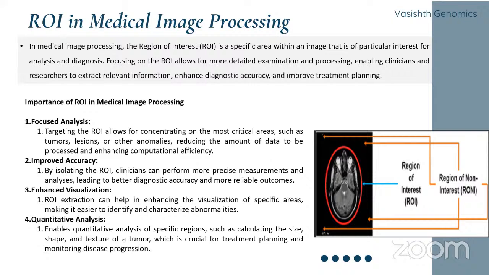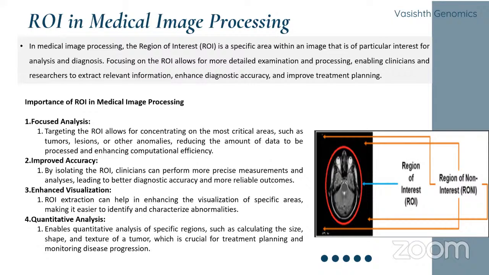So ROI plays a great role. You can understand that the person is suffering from Alzheimer's or Parkinsonism or schizophrenia, or a common term like dementia, with the help of this ROI.